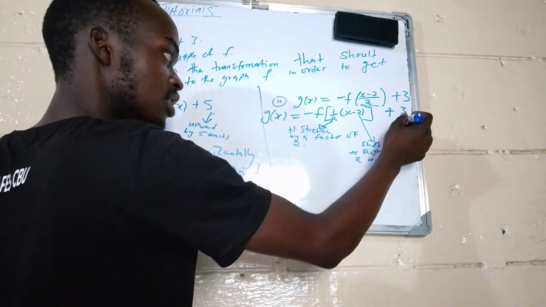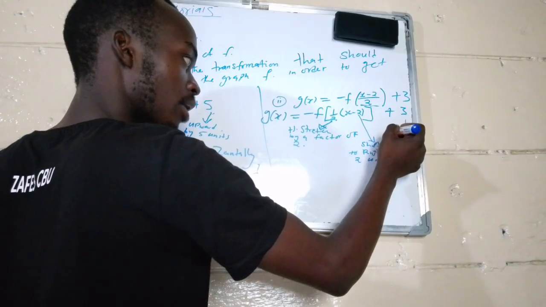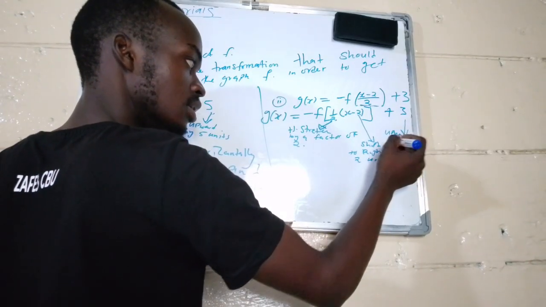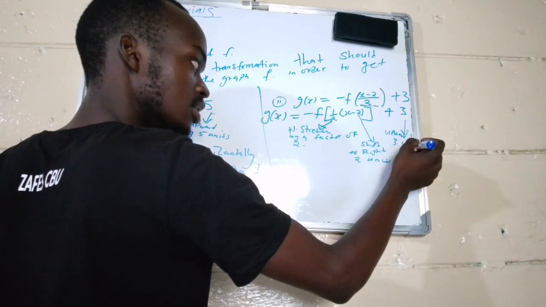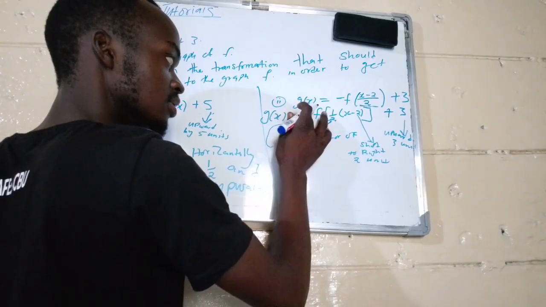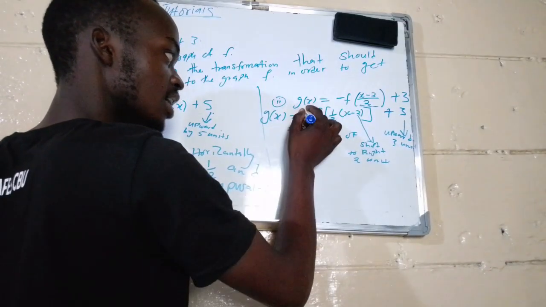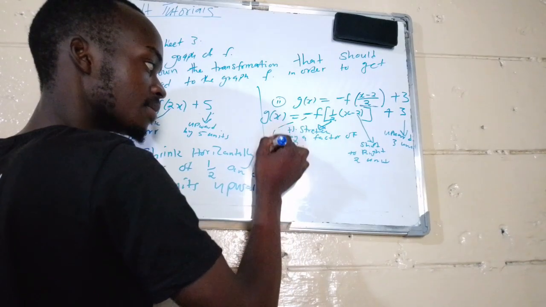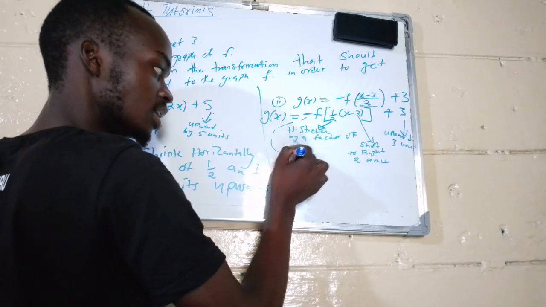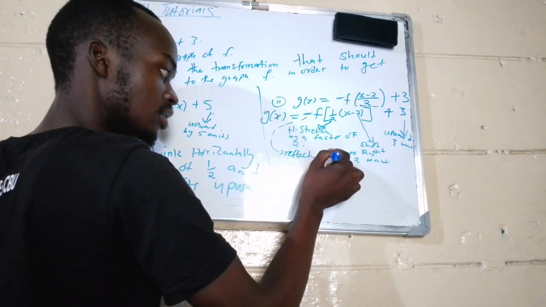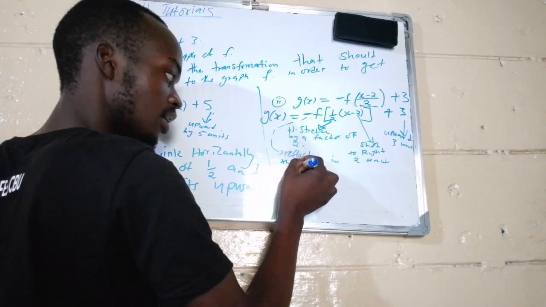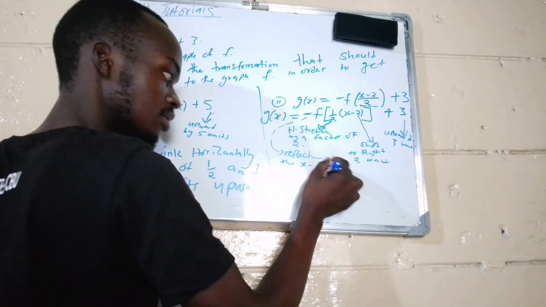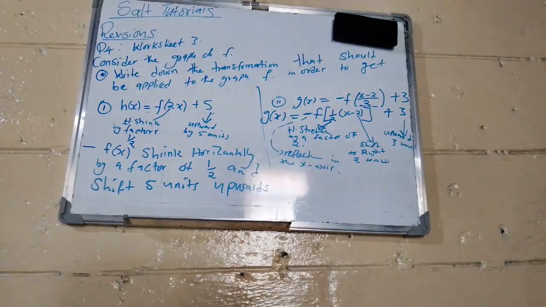This plus 3 is an upward shift of 3 units. This negative, what does the negative here do? A reflection in the what? Reflection in the x-axis. So this is the information I'm going to just write.